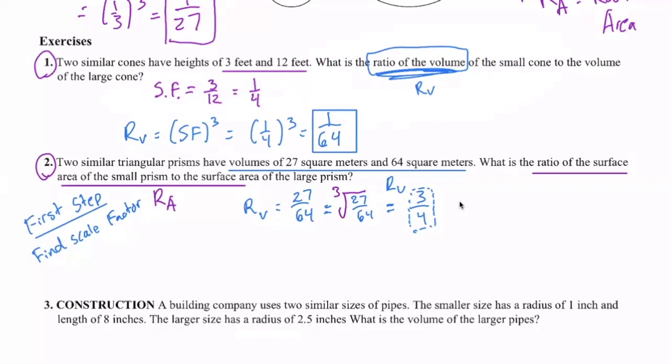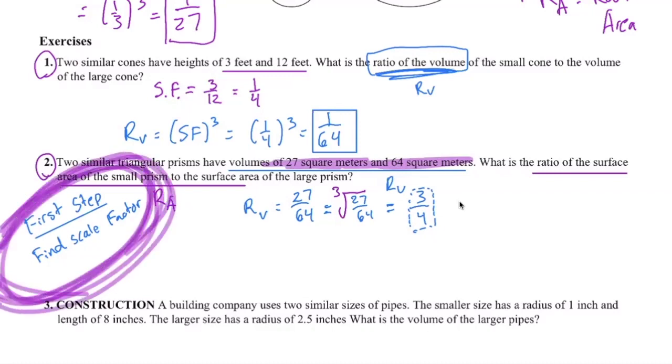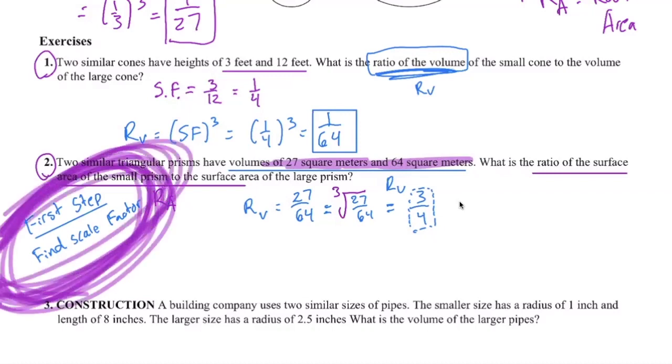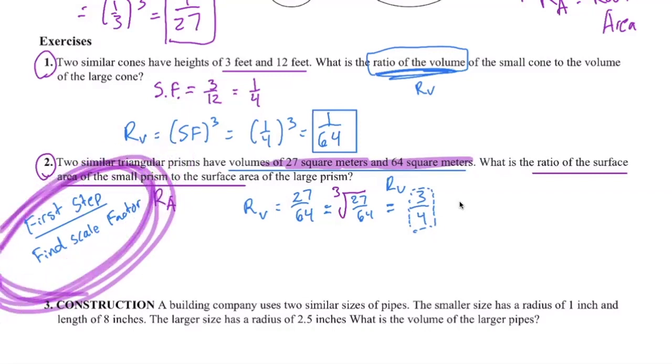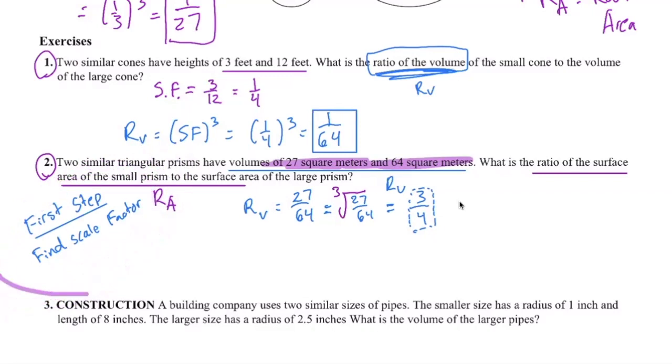Number 2 is a bit more tricky. This time you weren't given the scale factor. You were given the volumes. So remember your first step, write this out, highlight it from above: you always need to have your scale factor. Since you're given your volume, to go back to your scale factor you need to take the cube root. You have your volumes here, you're comparing them, and if you can simplify it, great.